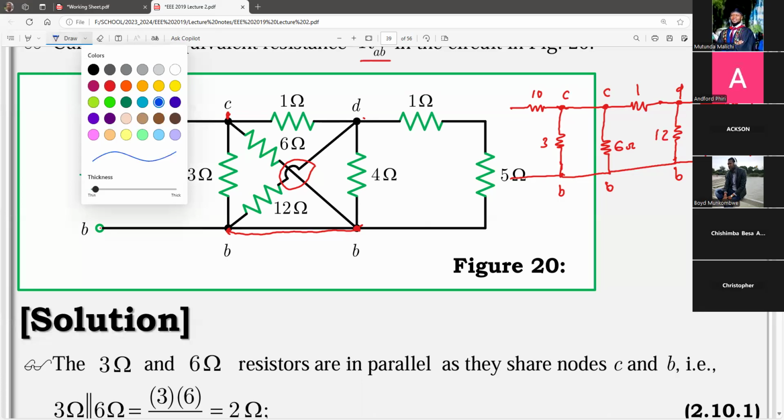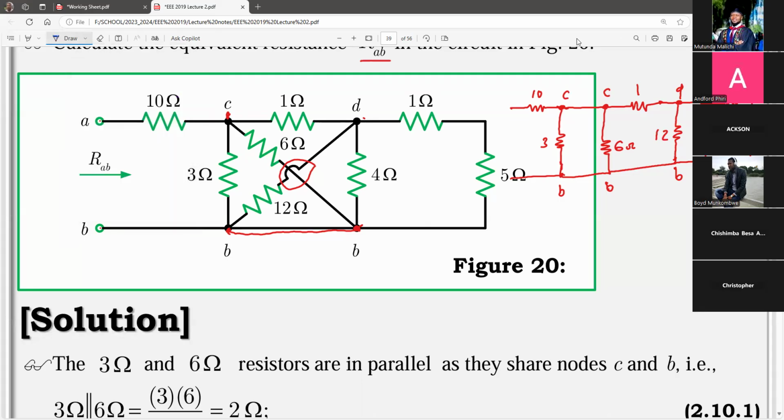Then we can see that 1 and 5, they are in series. What we'll get is 6 ohms as their equivalent resistance. Then these two, 4 and 12, are also in parallel.